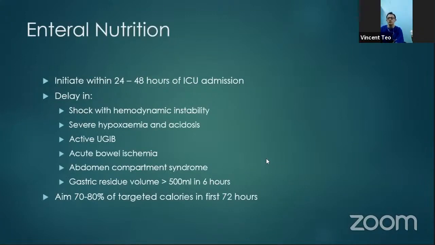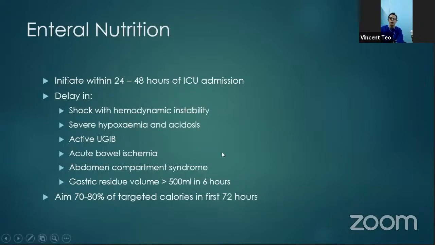Not all patients can tolerate enteral nutrition, and it should be delayed in conditions such as patients who are in shock with high dose inotrope, as generally when the patient is hemodynamically unstable, the blood will be shunted away from the gastrointestinal tract, and you might not want to burden the patient further with feeding.